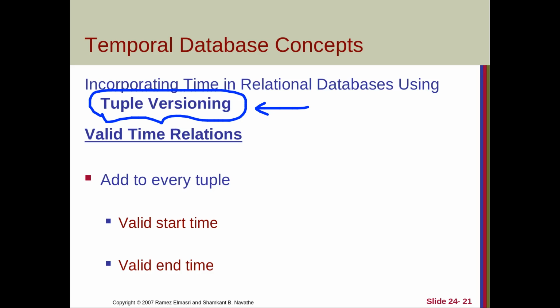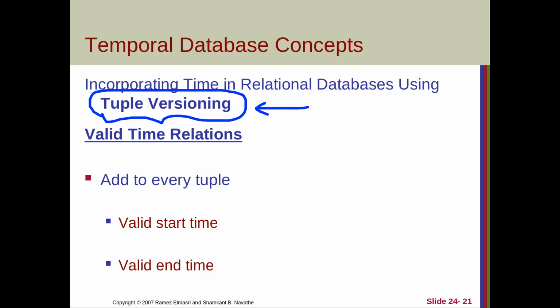That is called as tuple versioning. So if any updation happens, it will become the history. That tuple will be maintained and it will create a new tuple, a new version of the tuple with the new updation. If any further updation happens, that too will remain within the system. It will maintain it as a history tuple and a new tuple will be created with new updation. So maintenance of multiple tuples, or tuple versioning, is the main concept behind the temporal databases.